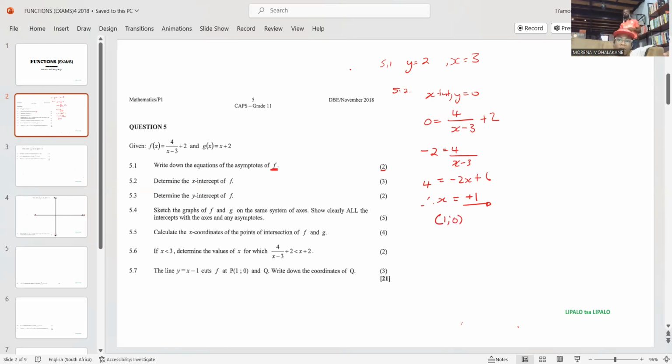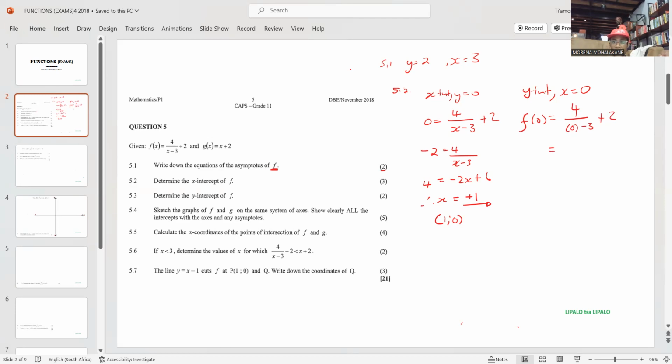And then I'll look at the y-intercept. For the y-intercept, x is equal to 0. So f at 0 is 4 over 0 minus 3 plus 2.